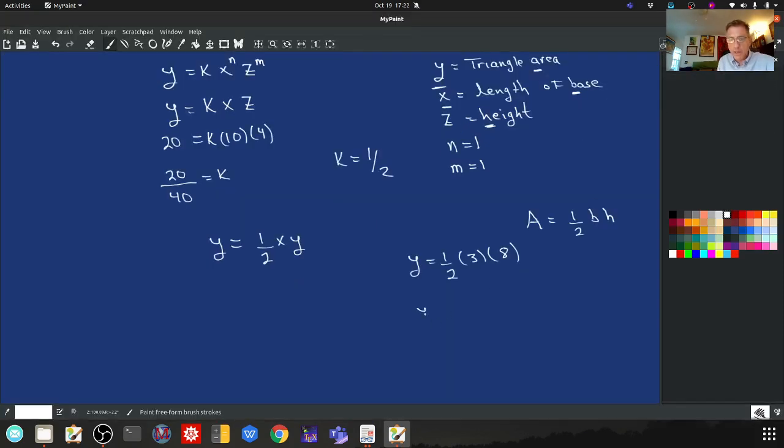So y is equal to 3 times 8 divided by 2, which is 3 times 4, which is 12. And what is our area? These are feet, so it's in feet squared.